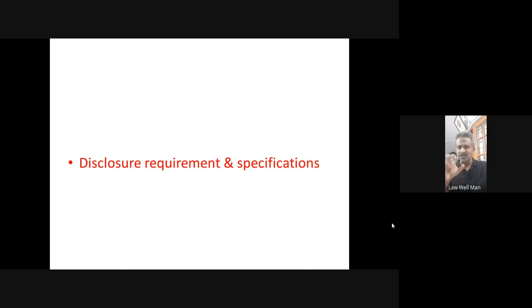So the disclosure requirement, a would-be patentee should disclose his invention through the best method known to him. And that requirement is complied with through the document known as specification. In the specification, you should disclose the best known method, though usually people do otherwise.